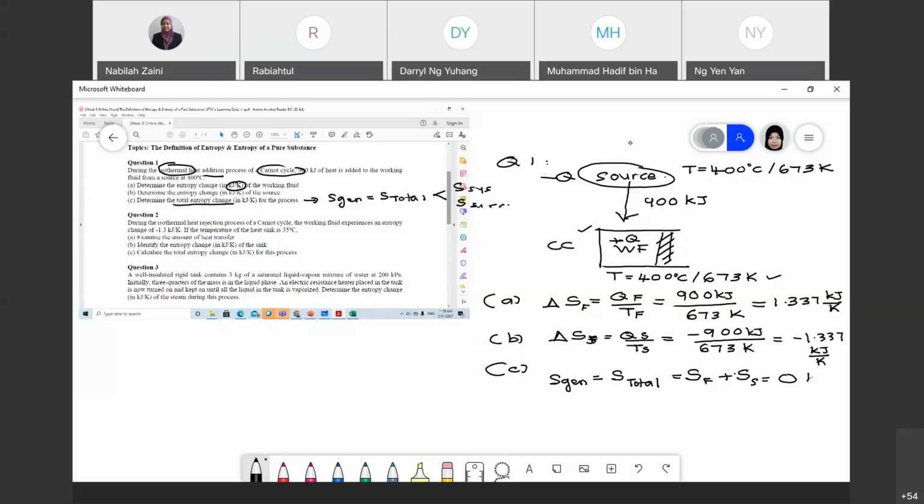So we can conclude that there is no entropy generation produced from this process, because it is isothermal heat addition. I think I have finished answering question number 1.